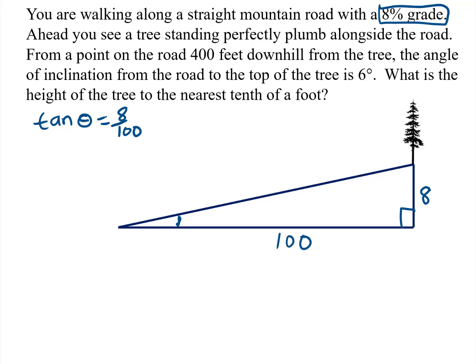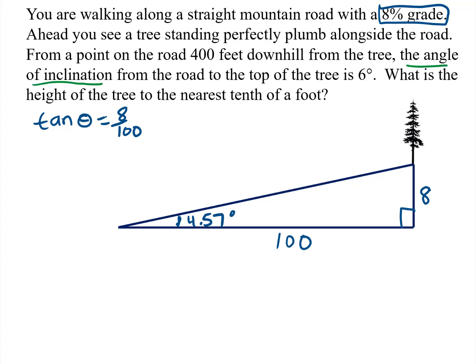We're making sure we're in degrees, and we're going to do inverse tangent of 0.08, or 8 divided by 100, same thing. And it looks like we get about 4.57 to 2 decimal places, so 4.57 degrees.